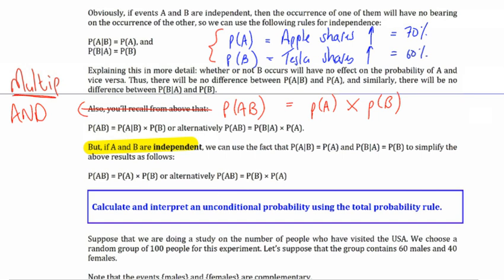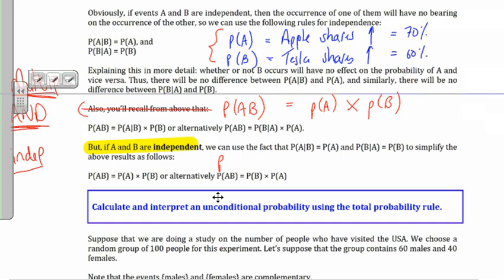Yes, it's also multiplication. Yes, it's also the AND rule. But important over here, these events are independent of each other. Beforehand, when I did exactly the same thing, let me show you how it was before. It was the probability of A and B. What did we say?